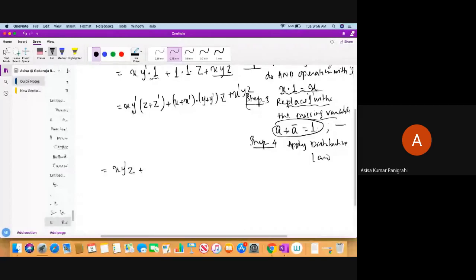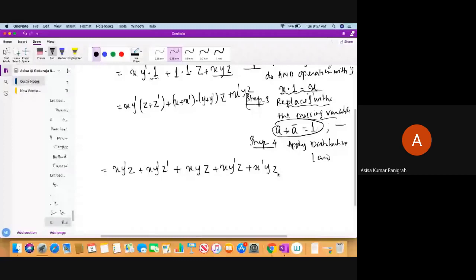Next, X, Y, Z. Next, X, Y bar, Z. Next, X bar, Y, Z. Next, X bar, Y bar, Z. Finally, X bar, Y, Z. So this term has been divided into 4 different terms. Do you all understand, students, how I have done?